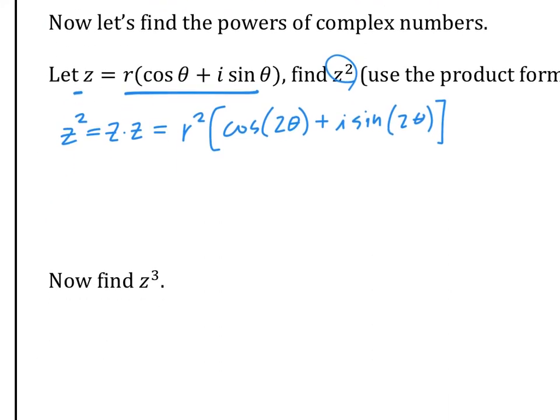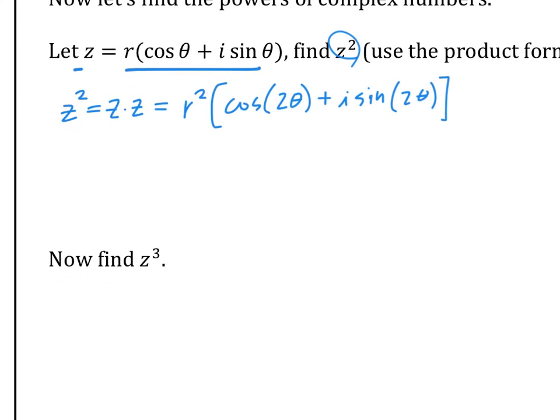Okay, take it one step further. We're going to now find z cubed. Z cubed is the same as saying z times z squared, or z times z times z. But we already found z squared before, so we're just multiplying z times z squared. According to the formula, what do we do with their radius? They multiply.